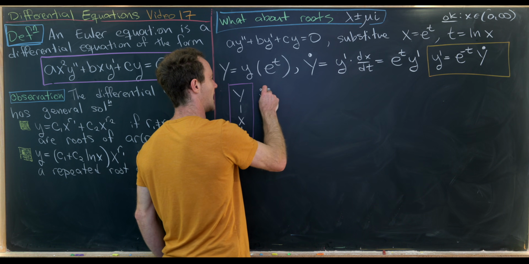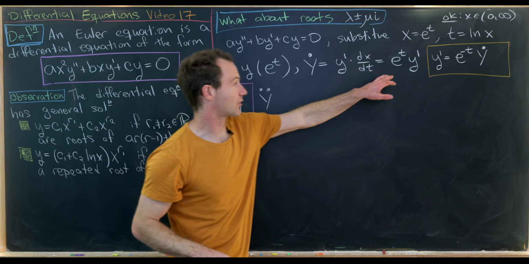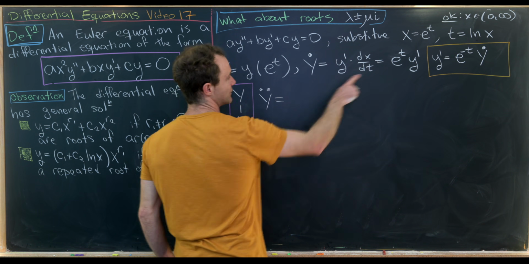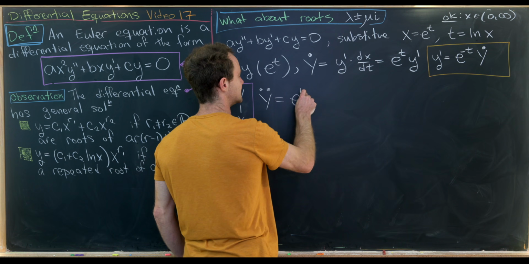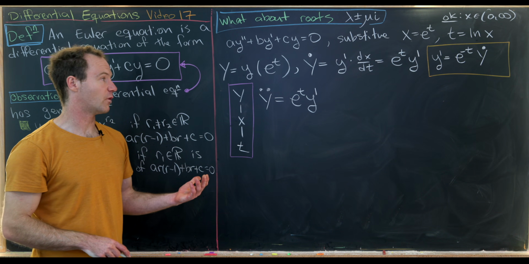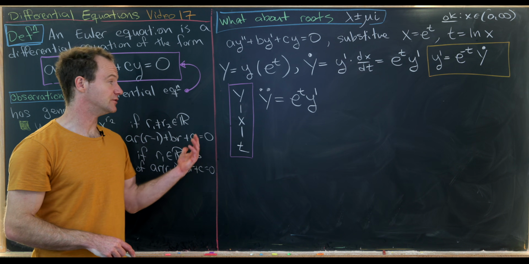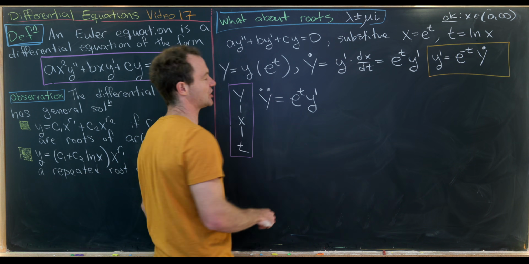Okay, so now let's calculate the second derivative of capital Y with respect to t. So I'll call that y double dot. So we need to use the product rule here. So the derivative of e to the t is e to the t, and then we'll have y prime. Then we'll have to take the derivative of y prime with respect to t, but we'll have to do that using the same sort of chain rule.